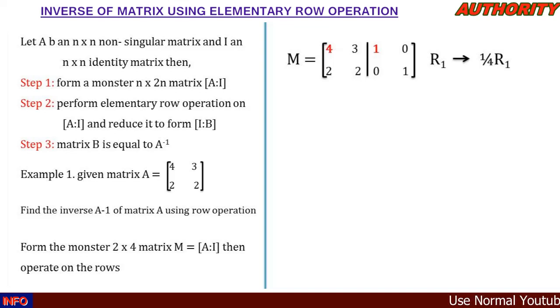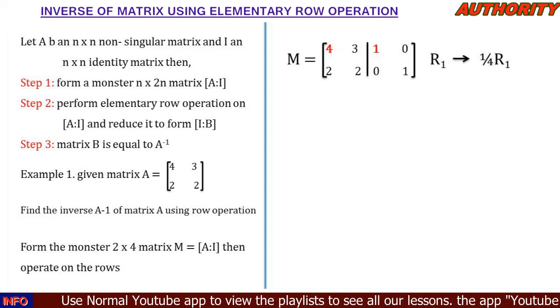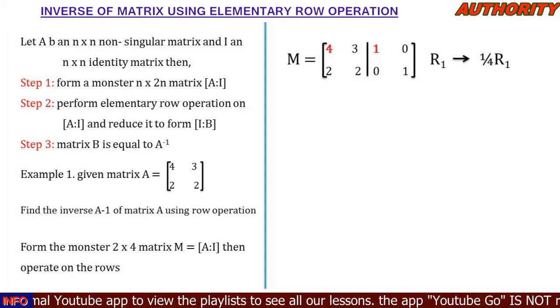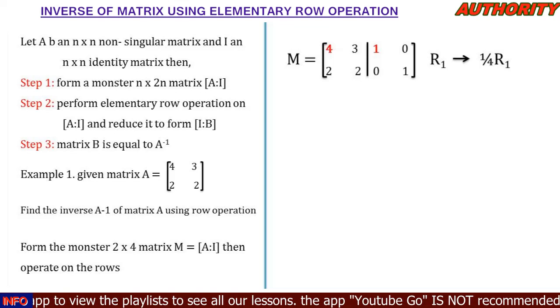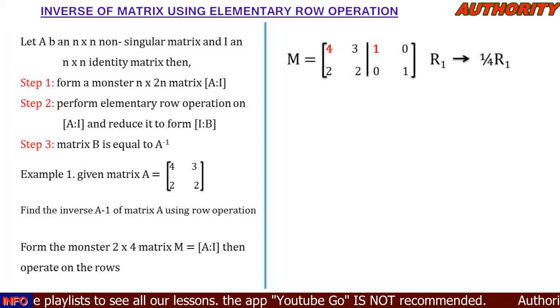How does an identity matrix look? We have 1 0 0 1. So this 4 here, we want to make it 1. Why? Because in the identity matrix, in the first row and first column, the element there is 1.